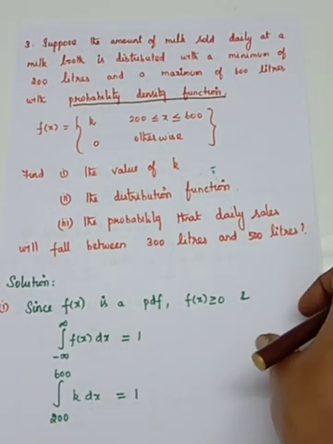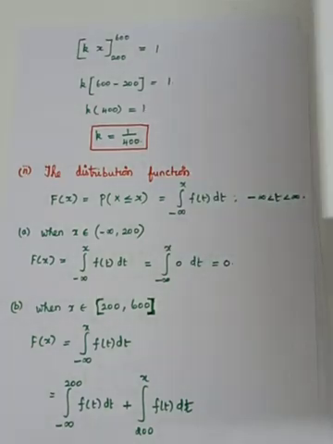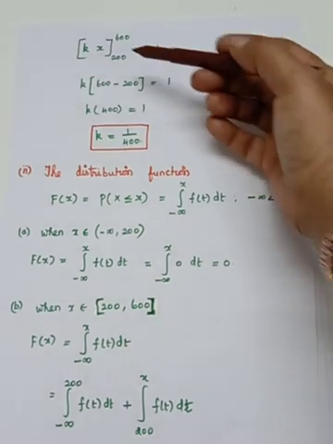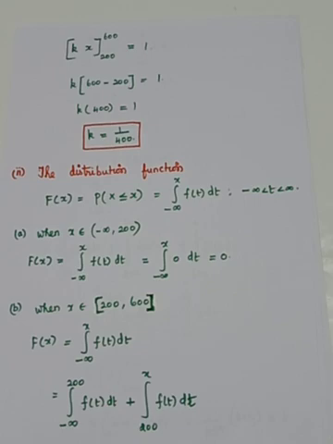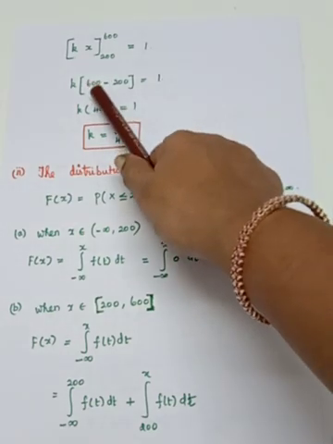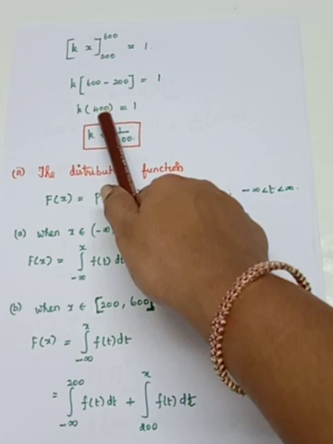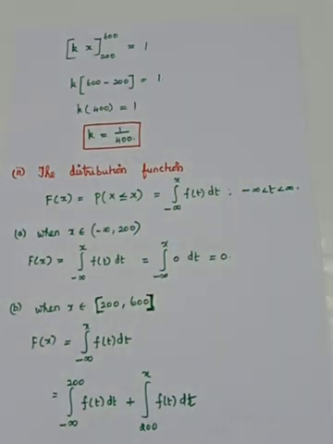So k is a constant. It has to be taken out. And if you integrate, integral dx is x. So kx, limits varying from 200 to 600, is equal to 1. What is remaining? x. If you apply the upper limit, it is 600. 600 minus 200, that is equal to 1. So k into 400 is equal to 1. k is equal to 1 by 400. We have written it. So we found the value of k.